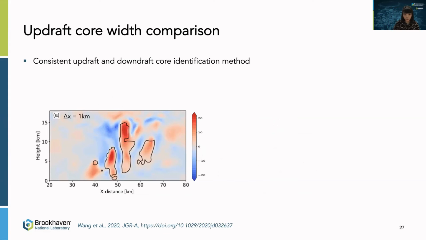To further explore why we overestimate updraft intensity and probability, we look at those updraft and downdraft cores in a similar way as we did for observations. So we contour these updraft regions and we calculate the core intensity, mass flux, and the core size.